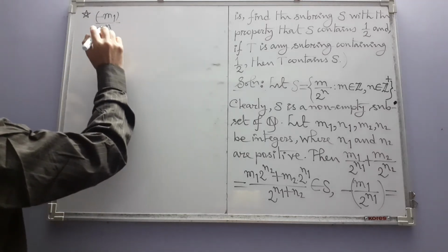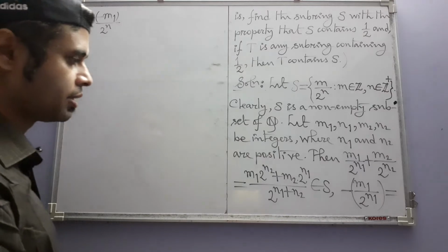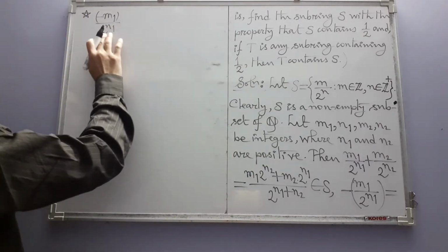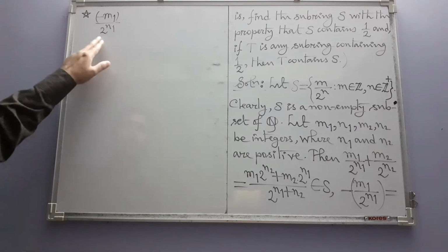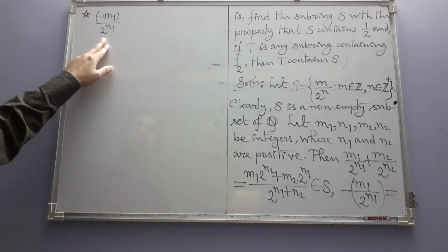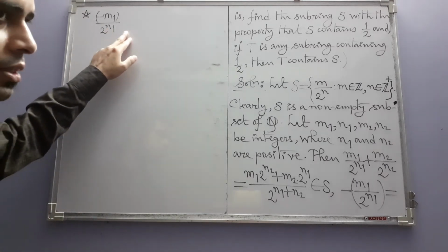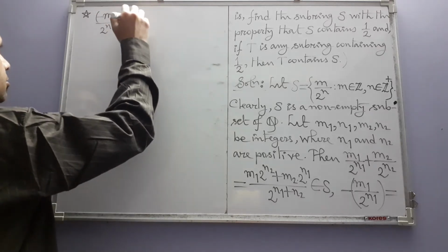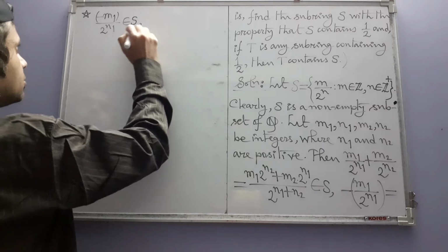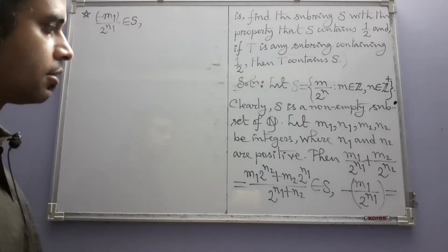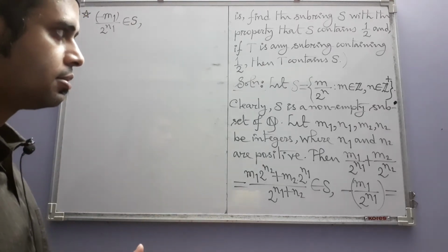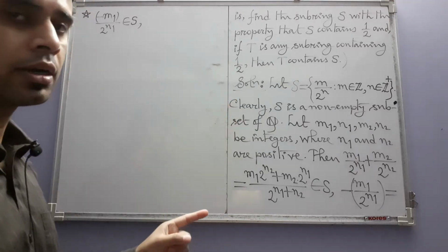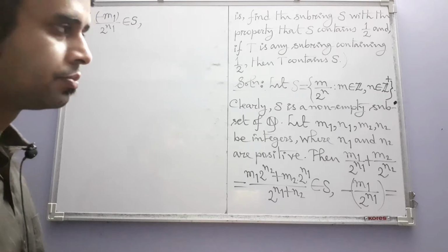Again, because m1 is an integer, minus m1 is also an integer, we haven't done anything to the denominator, which is a positive integral power of 2. So this again belongs to S. These two things together say that S is a subgroup of the ring of rational numbers under addition.